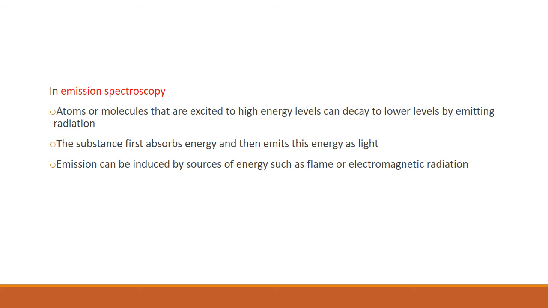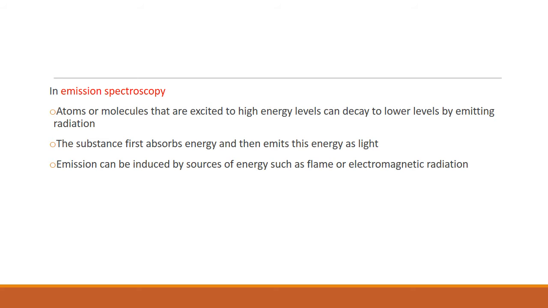Similar to the previous case, atoms that are in an excited state come back by emitting radiation, and this is studied in emission spectroscopy. The emission can be induced by external sources such as flame or electromagnetic radiation. We are actually not going into detail on emission spectroscopy.